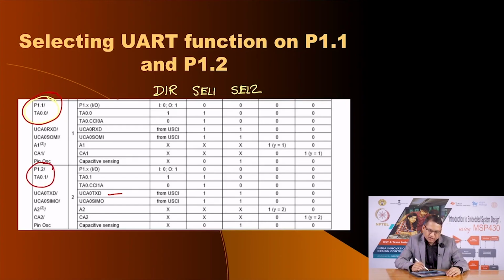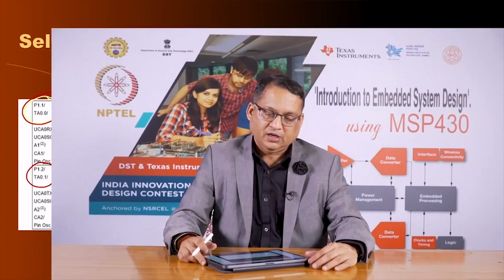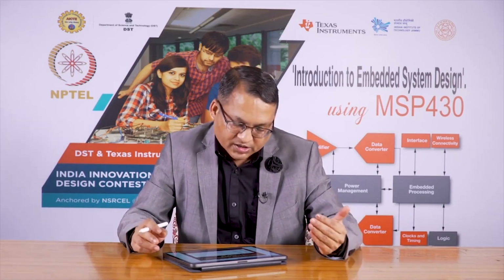The direction is automatically determined when you write into the USCI register, but for the P1SEL and P1SEL2 bits, for RxD you have to write 1 and 1 here, and for transmitting also you have to write 1 and 1 here. Once you write these registers, you are set. The two pins P1.1 and P1.2 are configured for receiving and transmitting serial data using the UART.